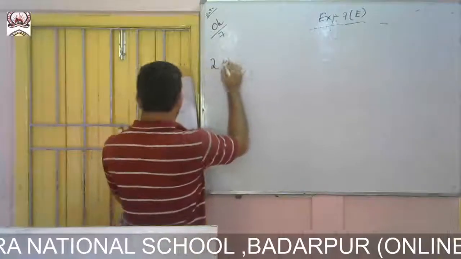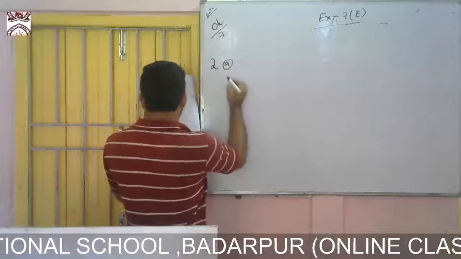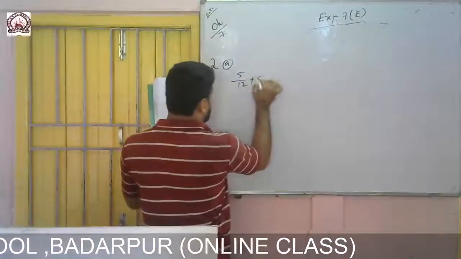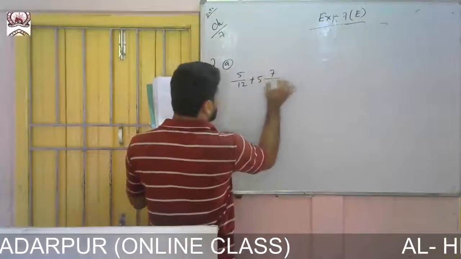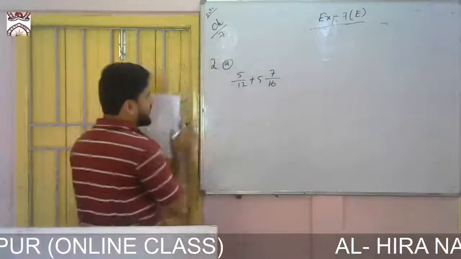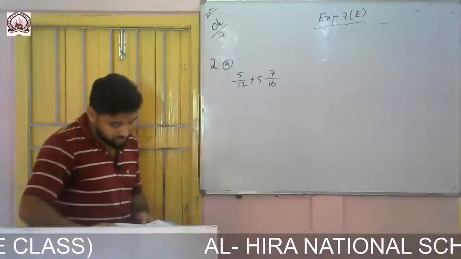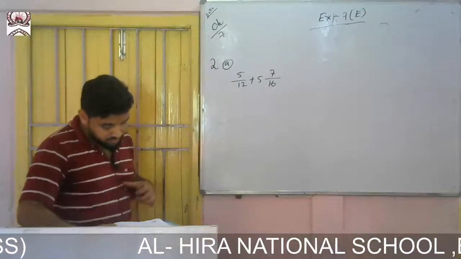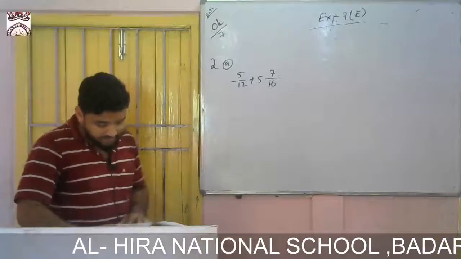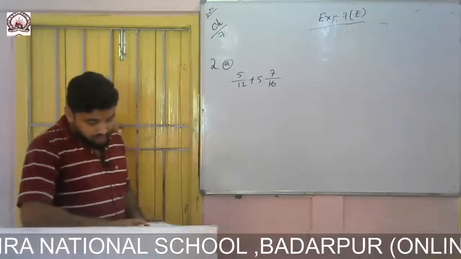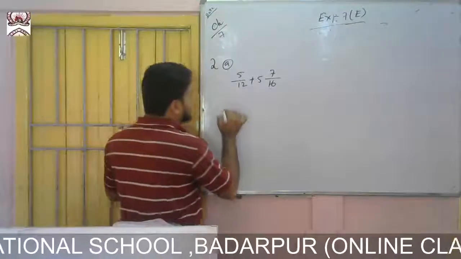So question number 2A, 5 by 12 plus 5 7 by 16. So if we solve it, we will get the answer.